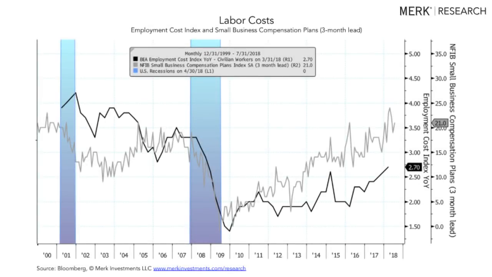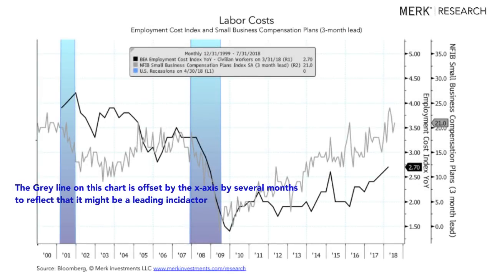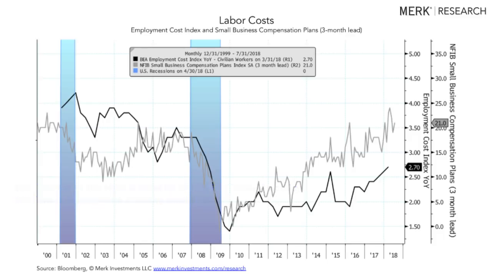All right, then looking at labor costs. So I guess similarly here, you could think about this in some sense as an input to the production process, and many economists think that the ECI, or the Employment Cost Index, is actually the better measure for labor costs than, for example, the average hourly earnings that gets attention in the monthly jobs report.